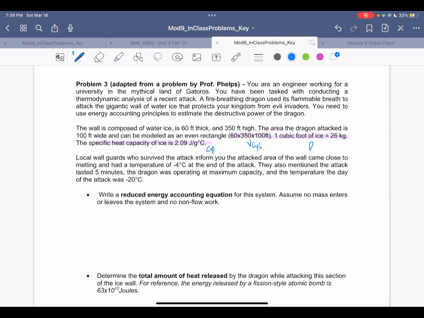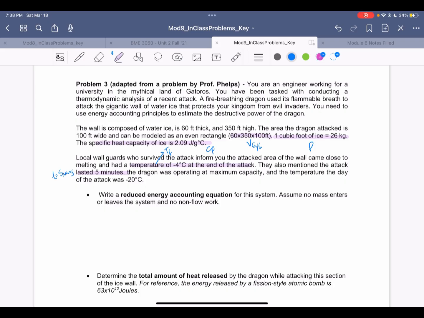If I continue reading, right here it gives me the final temperature at the end of the attack. They mentioned, I don't know if I'll need this, but I'm going to say that t is equal to 5 minutes in case it's necessary.